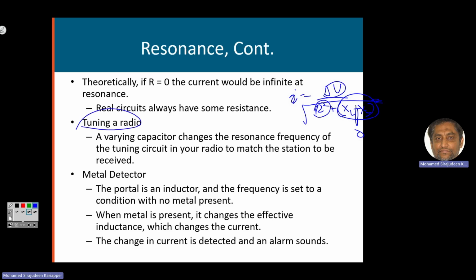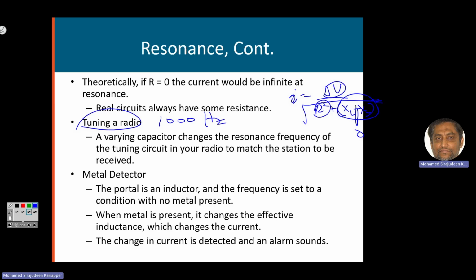One application of this is tuning a radio or TV station. You tune to a certain station, and it has a certain frequency, like say 1000 hertz or 1 kilohertz. So this is the frequency of the radio station.